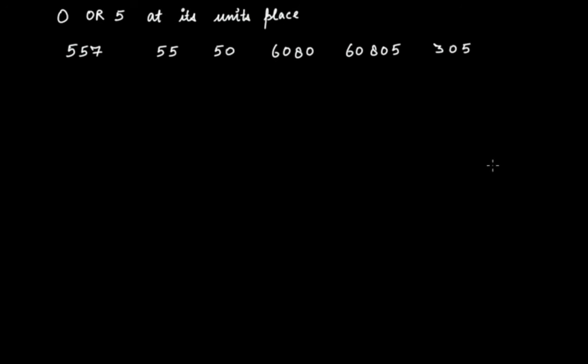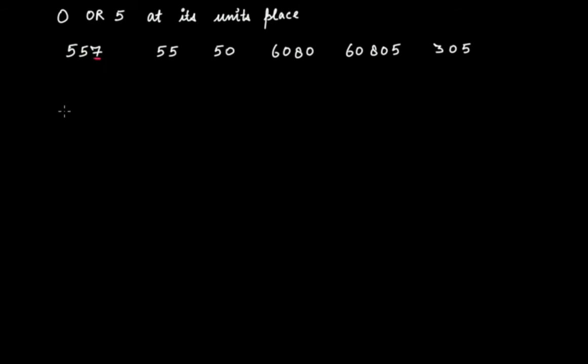So suppose these are 6 numbers, and you have to check which of these numbers are divisible by 5, then the condition is that the particular number should have 0 or 5 at its units place.